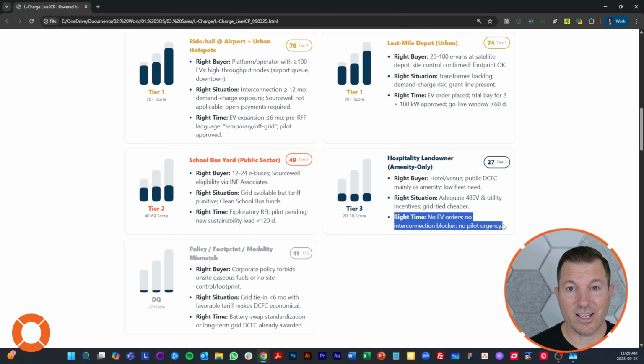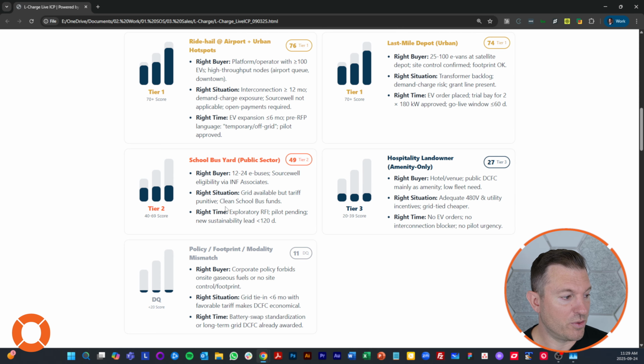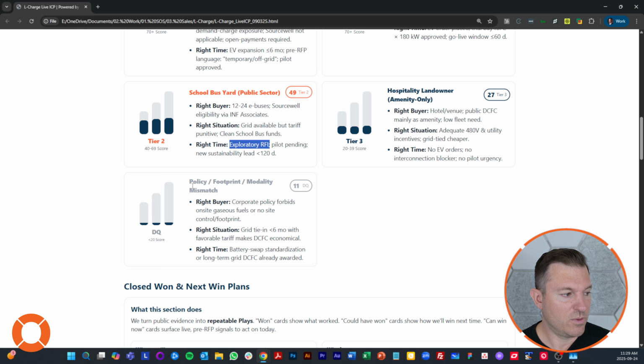But if they're exploring an RFI, or thinking of a pilot for adding charging capabilities, there are other factors that crank up the score and go from a 27, as you can see here, to a 49. However, there are some factors where you literally cannot do business with these companies or organizations.